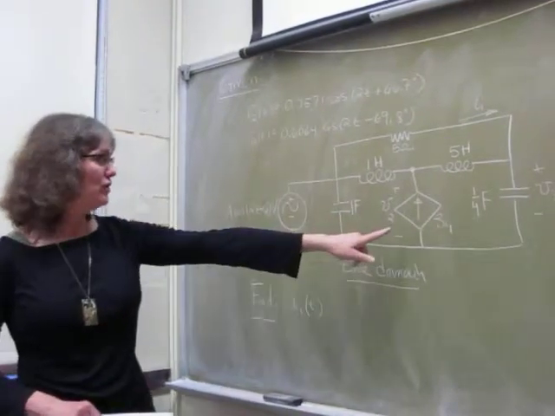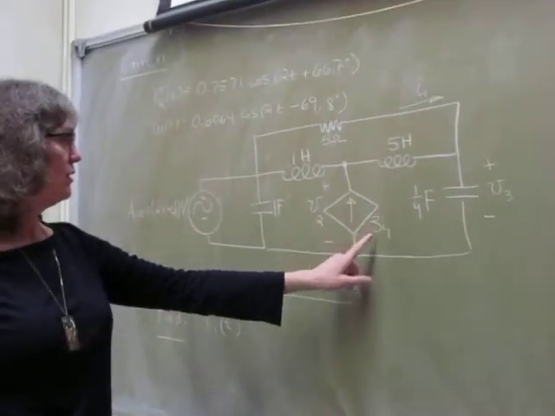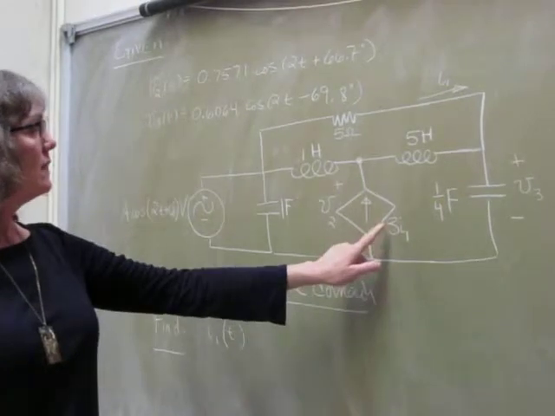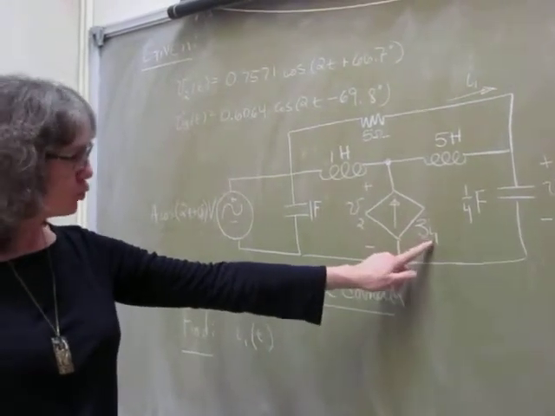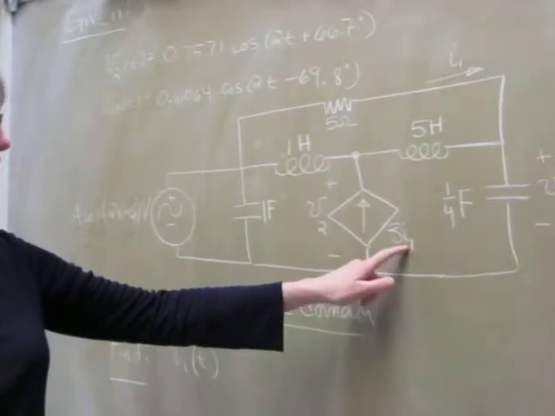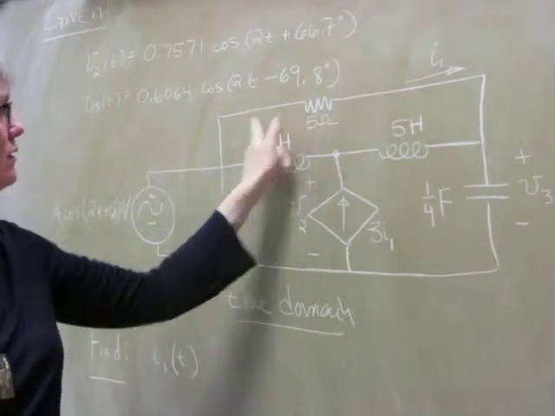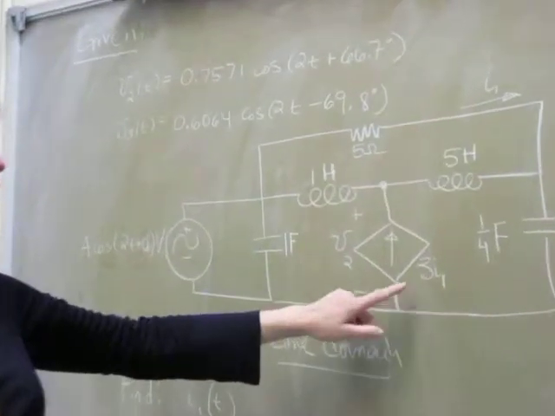Then, here's a current source. Right now it's a current-controlled current source. The current that controls it is this current through this branch with the 5 ohm resistor.